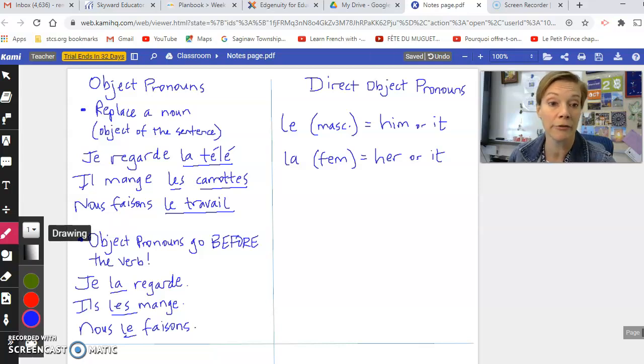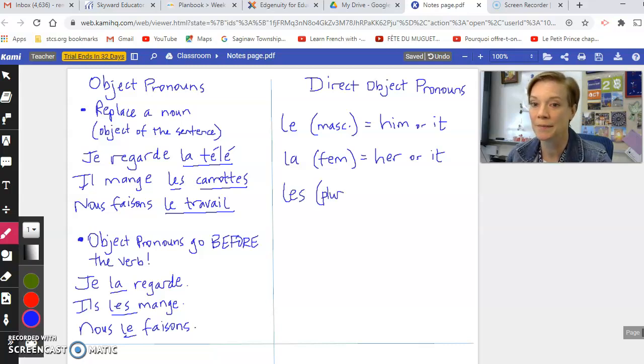Now remember, in French, everything always has a gender, right? It's always going to be him or her, and even the its are either him or her. And then, of course, we have les, which is plural, and it means them. And them can refer to people or to things.